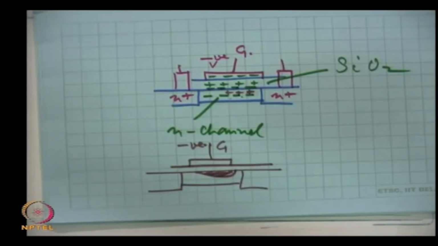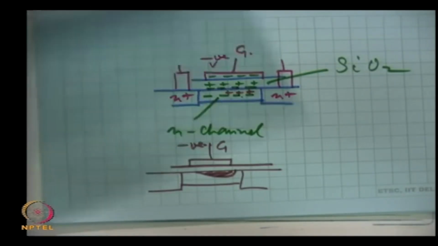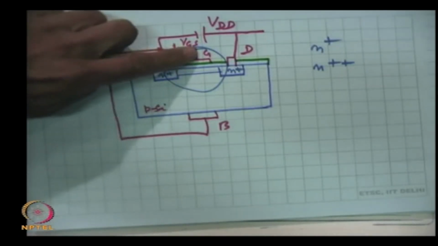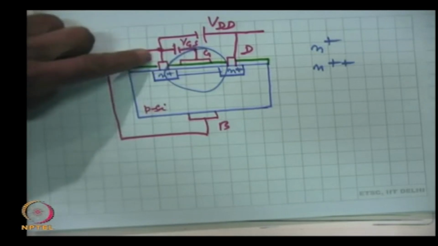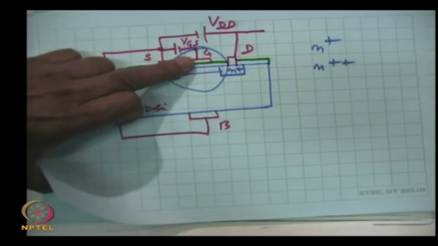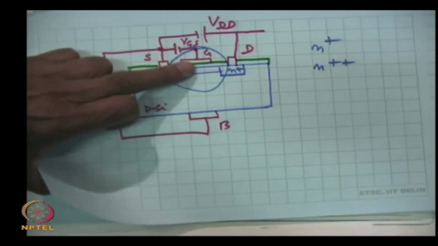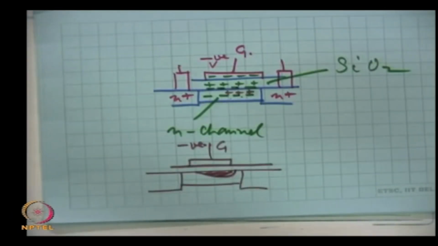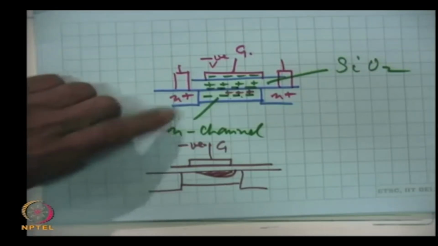I think I have made amply clear what will happen. Look here, this is the geometry we are talking about. The gate I am taking negative with respect to source, and this negative field at the gate through the dielectric will induce some positive charges in the channel region. Channel was N type, that means negative charges, the electrons were there.